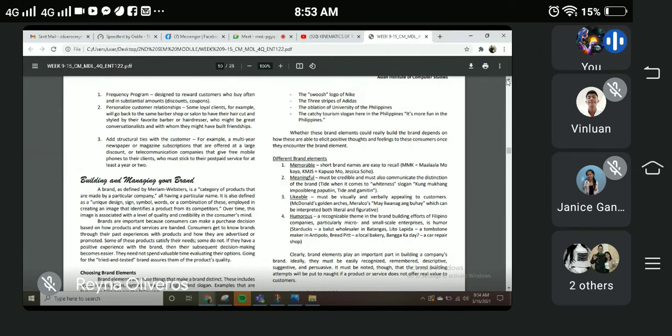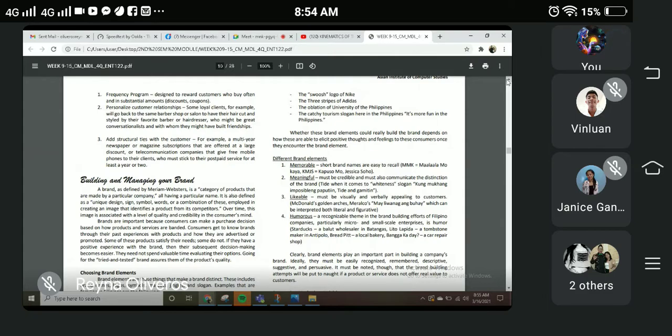So, whether these brand elements can really build the brand depends on how these are able to elicit positive thoughts and feelings from the consumer once they encounter the brand element. Okay? So alamin natin yung iba't ibang brand elements na binabanggit ko kanina pa.